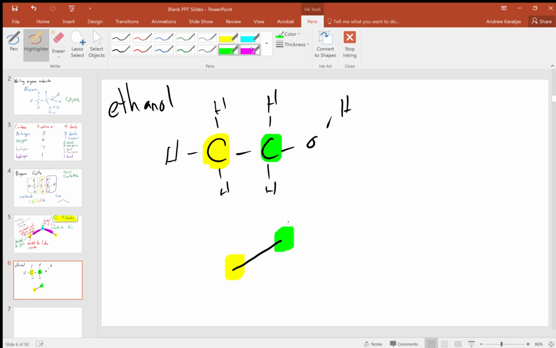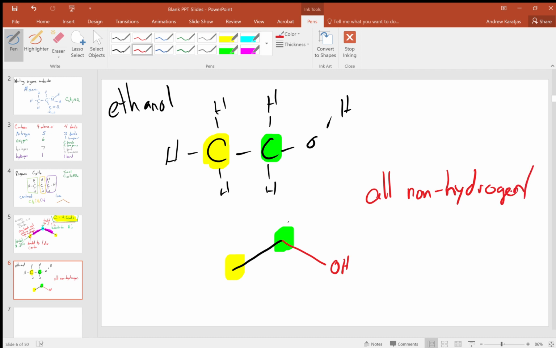But our green carbon is also bonded to an OH group. So what do we do with that? We just draw it in. So all non-hydrogens, non-carbons are drawn in. So you never have to figure out whether there's a nitrogen or oxygen or halogen or sulfur. It's just going to be there.